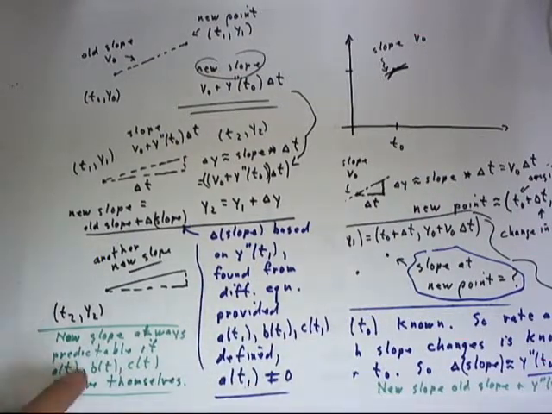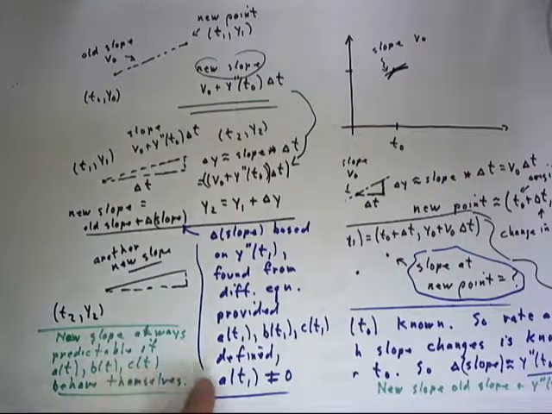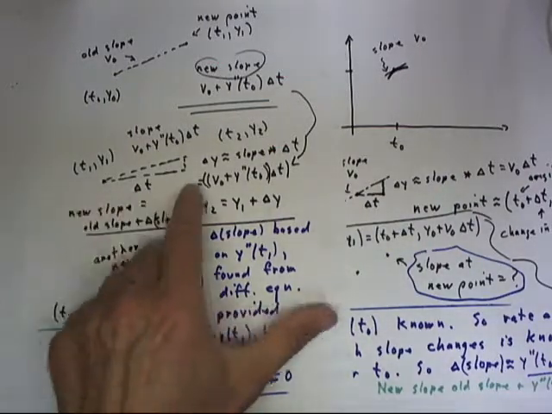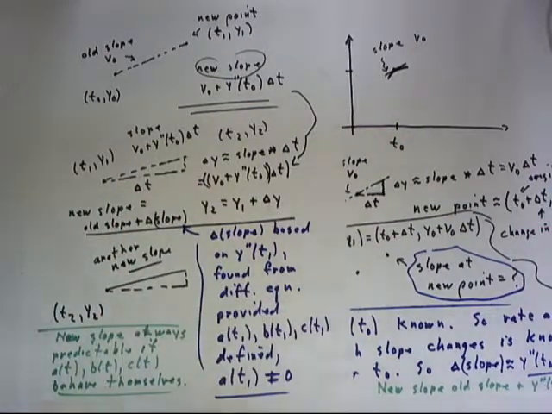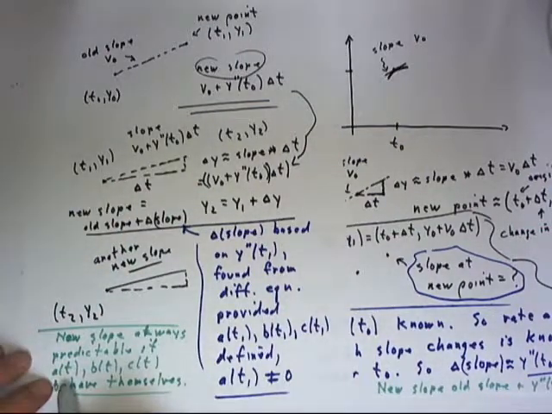And that means that these three functions have to be defined at our points and all our points in between, and a of t can't be 0 at any of those points.